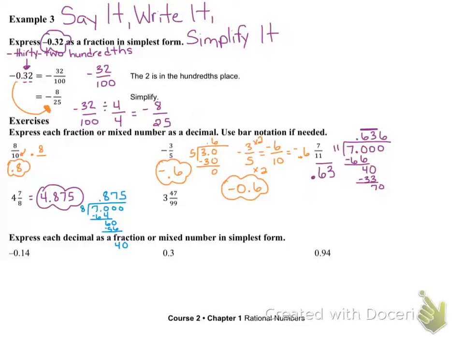Okay, next one, 3 and 47/99. Well, I know it's going to be 3 point something. So let's look at 47/99. This one could be kind of yucky. 47 divided by 99. 99 won't go into 47, so raise a decimal, drop a 0. 99 will go into 470 4 times. So 99 times 4 is 396.